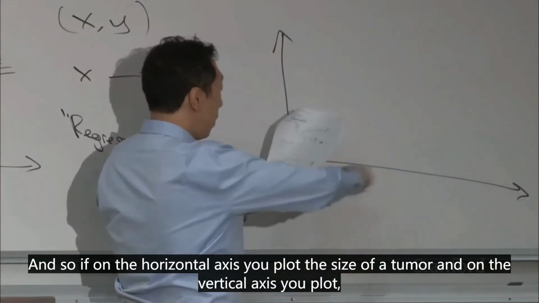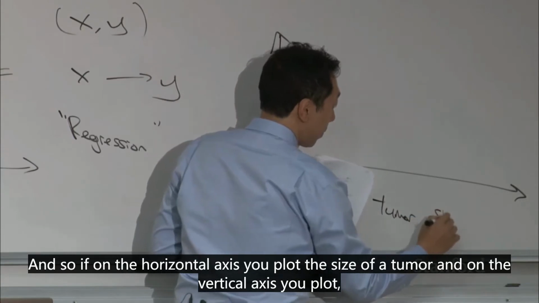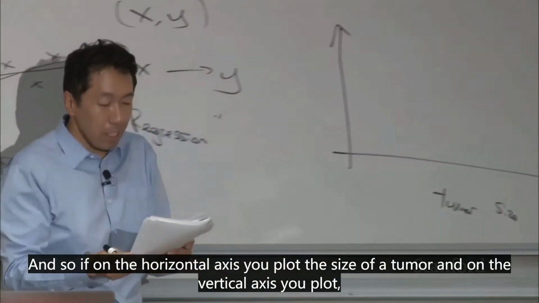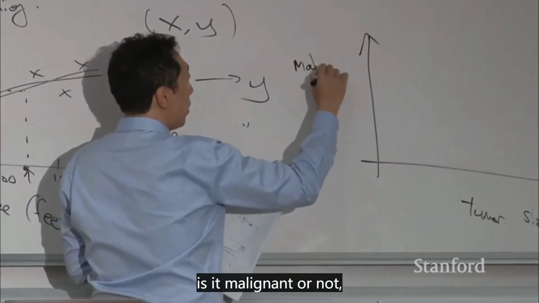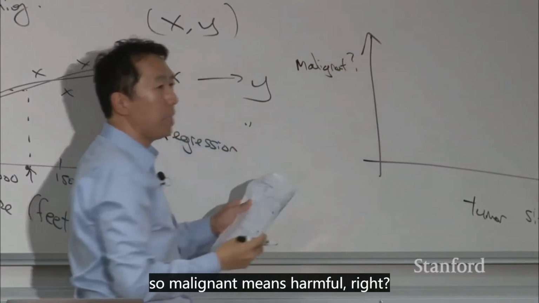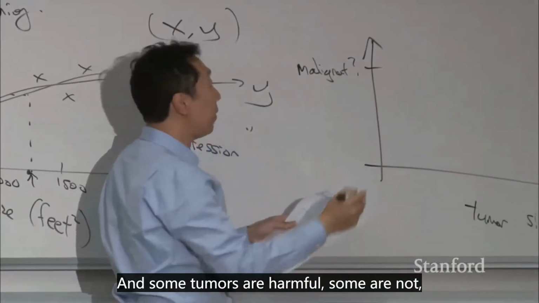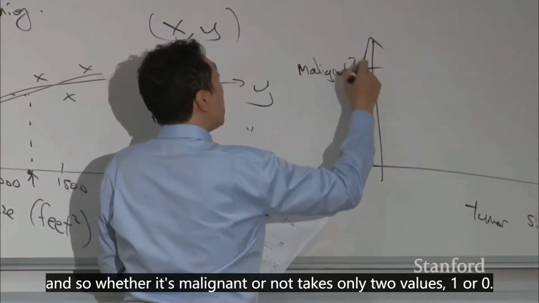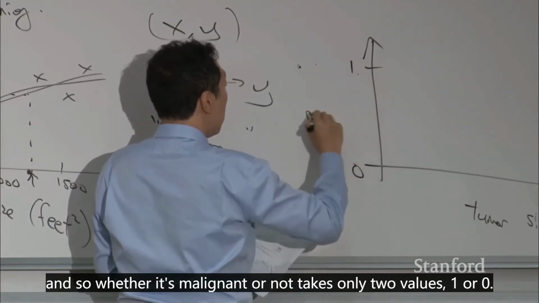If on the horizontal axis you plot the size of a tumor, and on the vertical axis you plot whether it is malignant or not, malignant means harmful. Some tumors are harmful, some are not. So whether it's malignant or not takes only two values, 1 or 0.